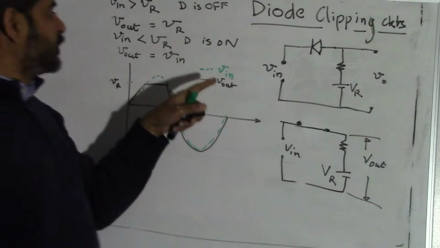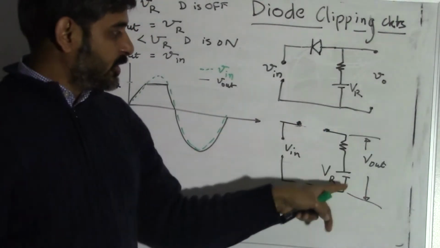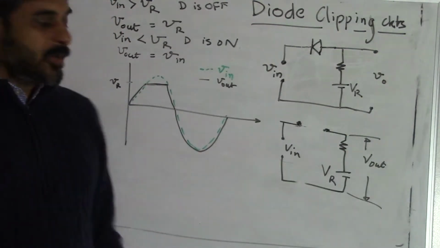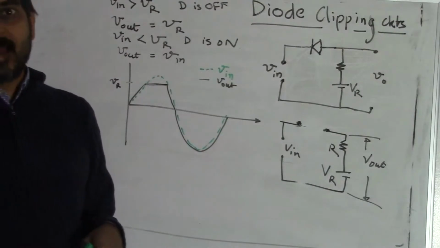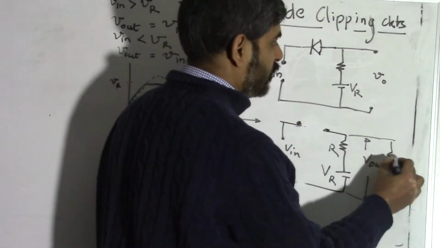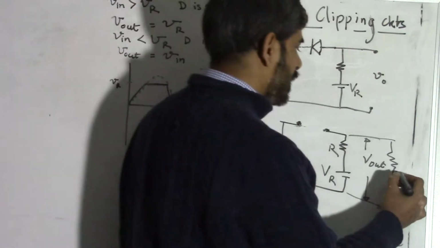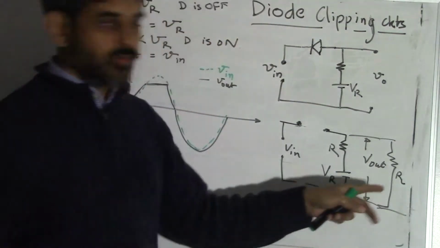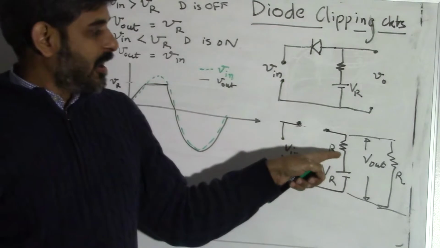In the first case, when the diode is off, like in this case, we get this output voltage same as VR, but you should also keep in mind that there is a resistor, which means that this is true only if you have a load resistance, let's call it R load, that is much higher than the R resistor.